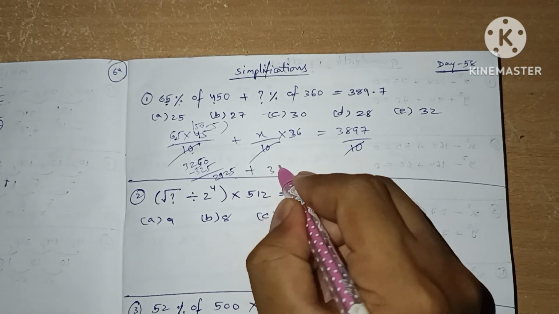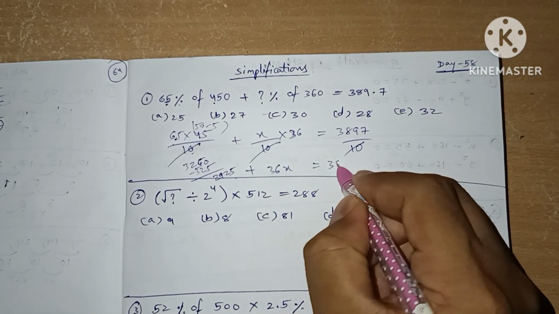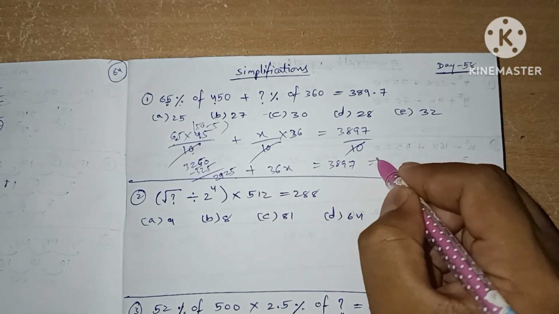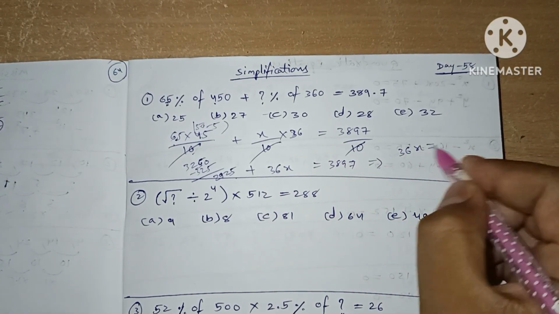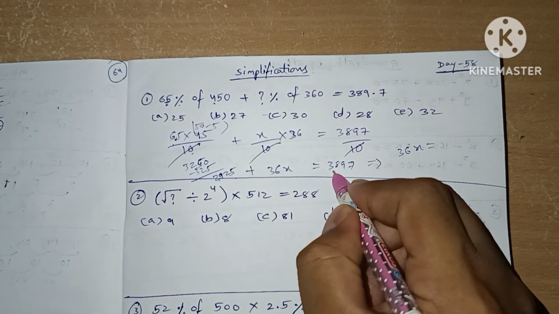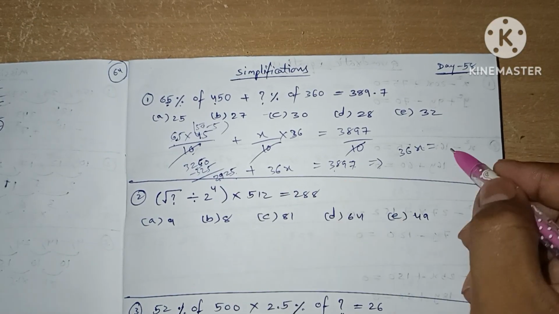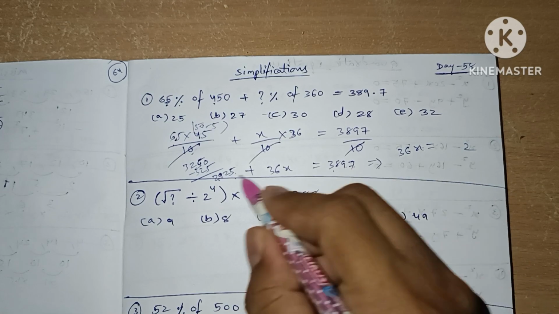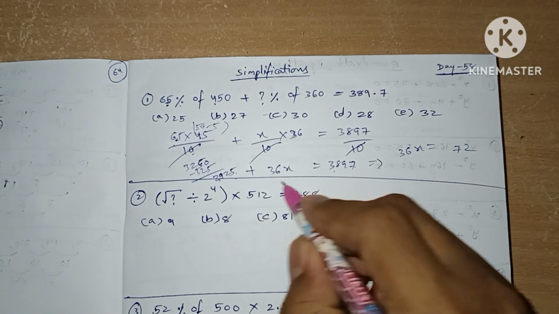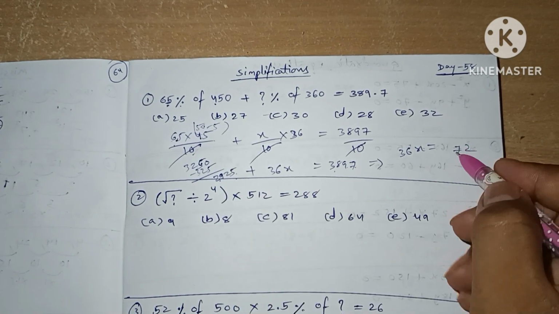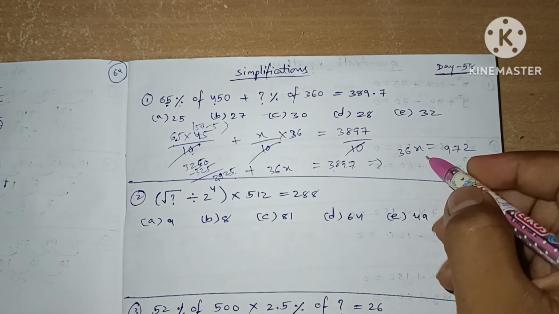This is plus 36x equals 3897. So 36x equals, subtracting these two, we get 7 minus 5, 2; 9 minus 2, 7; and 38 minus 29, which will be 972.